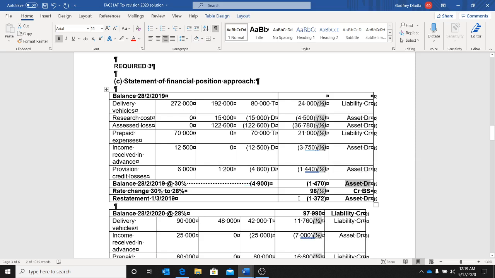Okay. Now, or what I can do, I can take this figure here and multiply that figure by 28%. Right. It tells me that I'm supposed to be here. But I'm here. So how do I move from here to here? The movement in between, it's 1470 minus 1372.